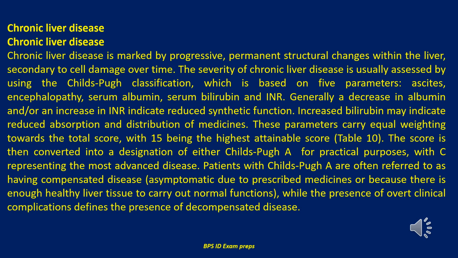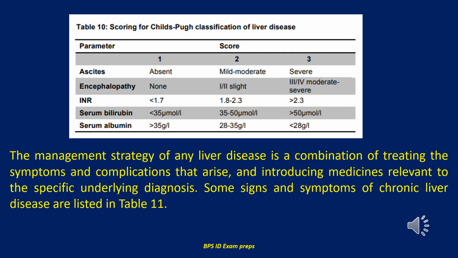Patients with Child-Pugh A are often referred to as having compensated disease, asymptomatic due to prescribed medicines or because there is enough healthy liver tissue to carry out normal functions, while the presence of overt clinical complications defines the presence of decompensated disease. Pause the video and carefully scrutinize Table 10 summarizing scoring for Child-Pugh classification of liver disease.